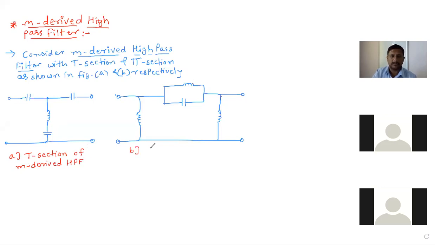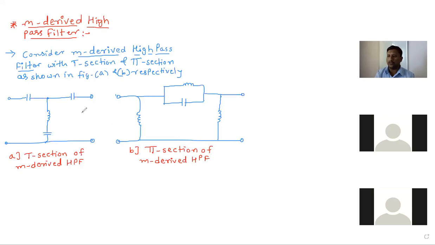This is figure B, the pi section of the M-derived high-pass filter.